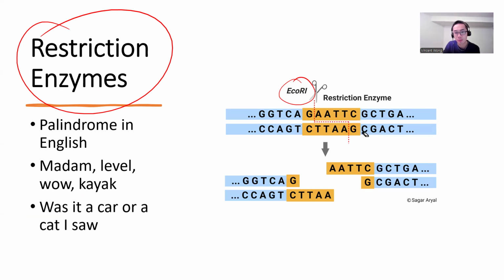This is a palindrome because if you read it forward on one strand, GAATTC, it is the same thing in the other direction on the other strand. Once the restriction enzyme finds the particular palindrome, it will cut it, and there are different ways it can cut the sequence. This particular enzyme will cut it zigzag, and then you will have two fragments.